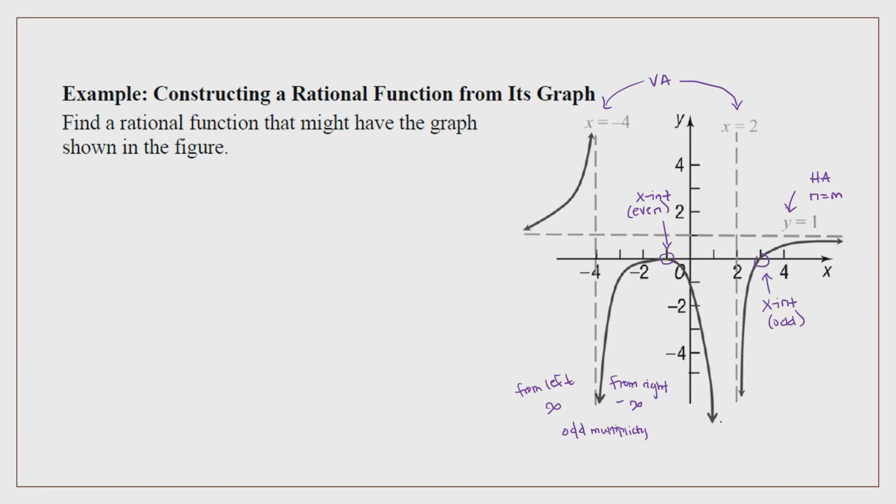For the other one, we are approaching negative infinity and negative infinity, so the same direction. So this is going to be an even multiplicity. So the factor that gave us this VA is going to have an even multiplicity. Okay. Alrighty. We also have a y-intercept right here.